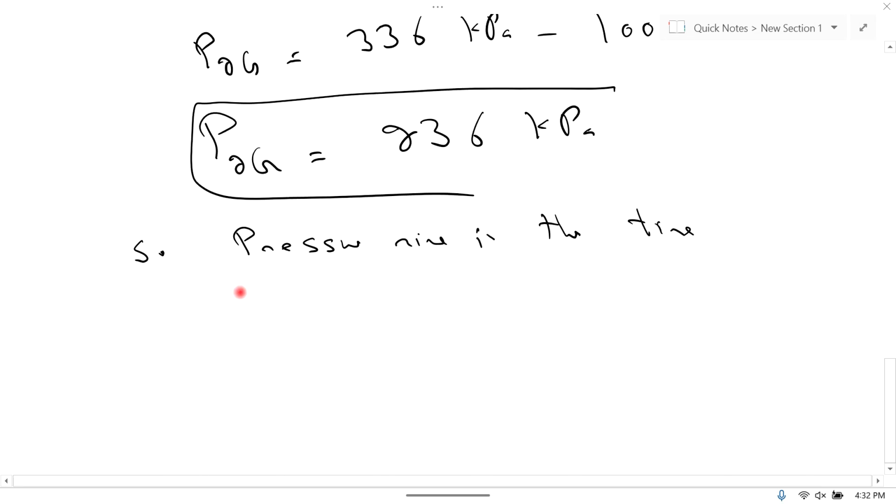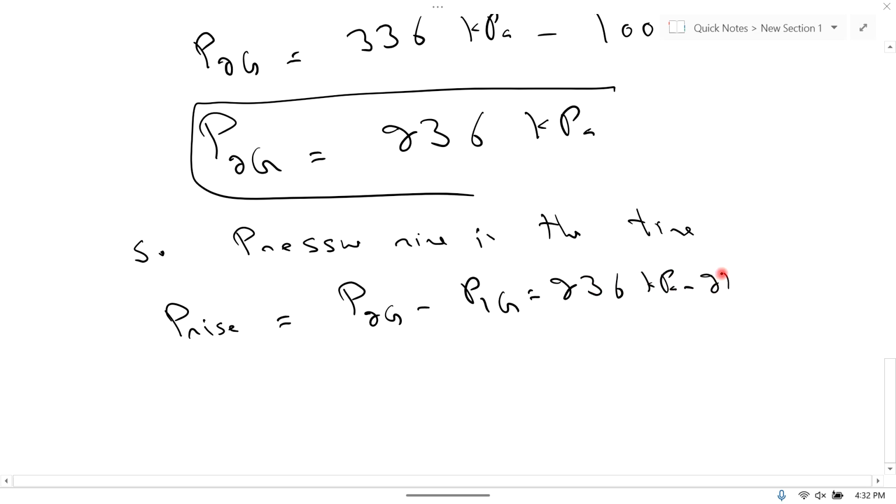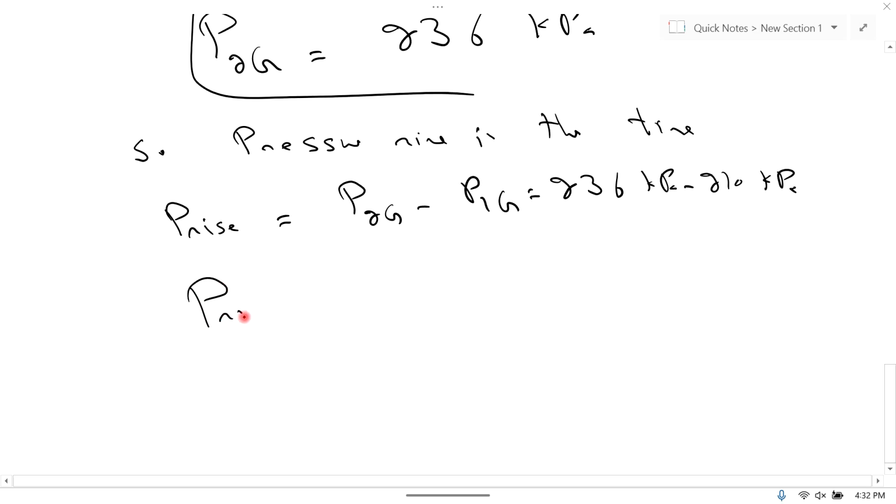So the pressure rise will be the difference of these two values. Pressure rise in the tire is equal to P2 gauge minus P1 gauge, which is 236 kilopascal minus 210 kilopascal. So the pressure rise in the tire is equal to 26 kilopascal.